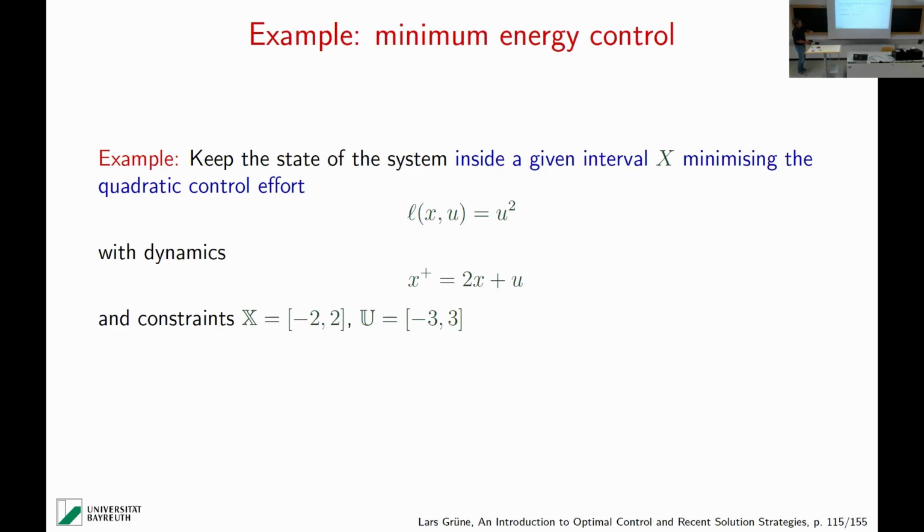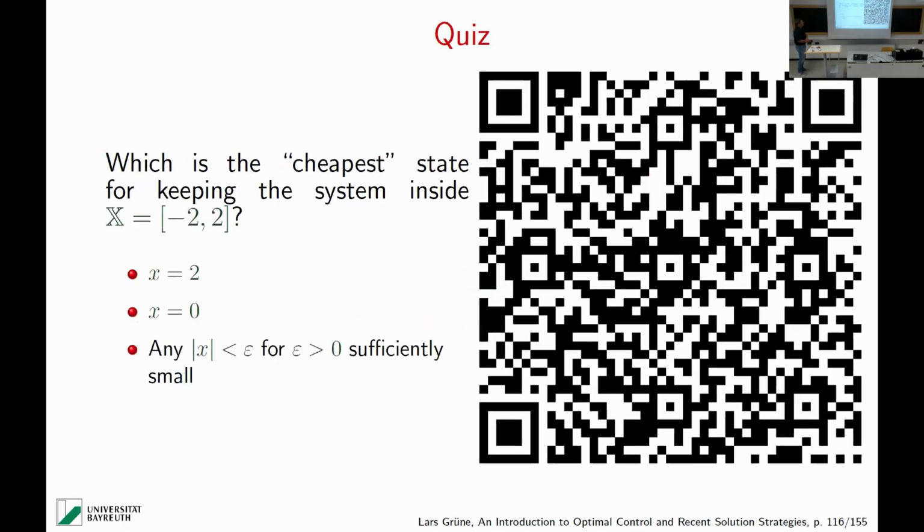Have a look at this a little bit, and then you maybe can answer this one. What would be the state where you would like to stay, so that it is really cheap? What's the cheapest state for keeping the system inside X? Let me write down the dynamics once more.